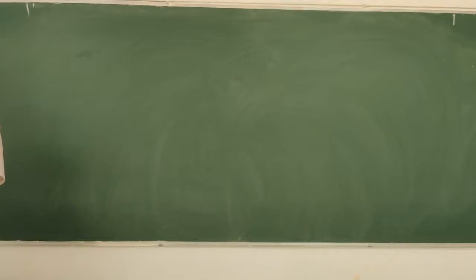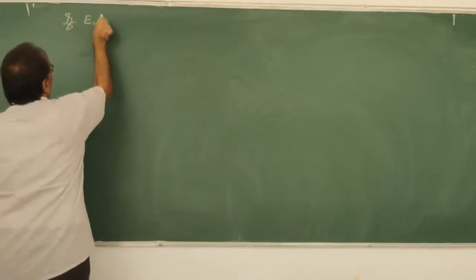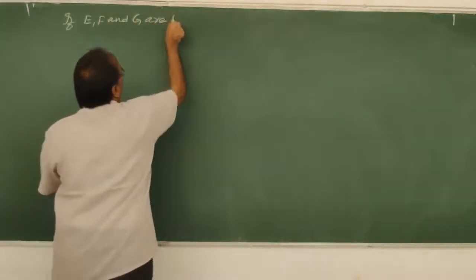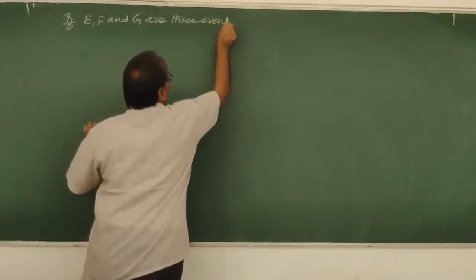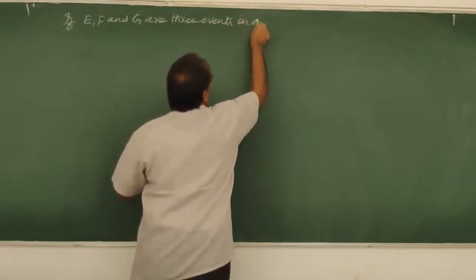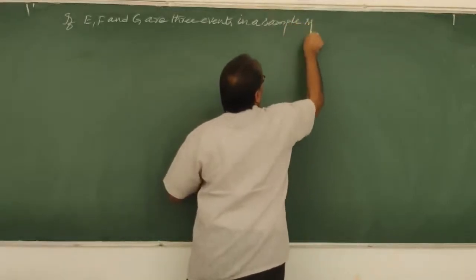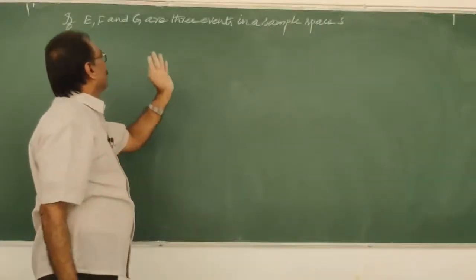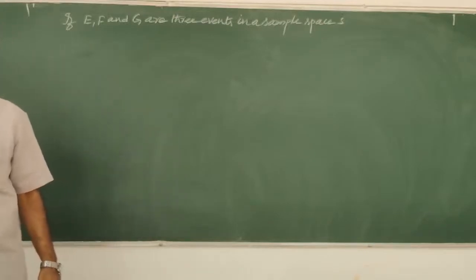For example, if E, F and G are 3 events in a sample space S, then what is the intersection?